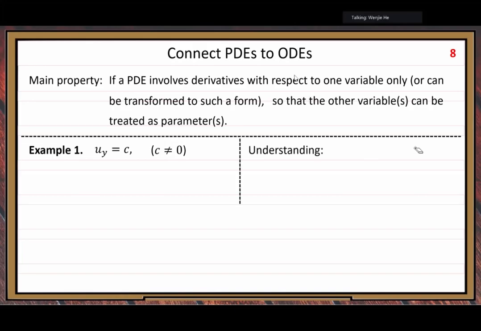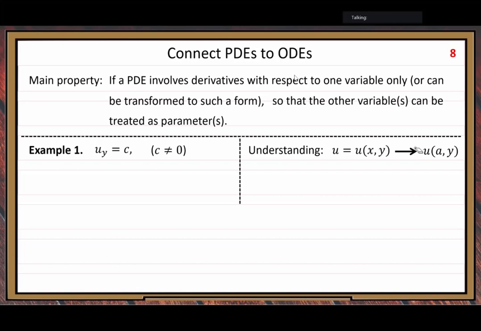Let's understand this equation as a one variable ODE first. 2 variable original function, but we treat the x variable as a parameter. We can write it this way. Parameter a never changes.